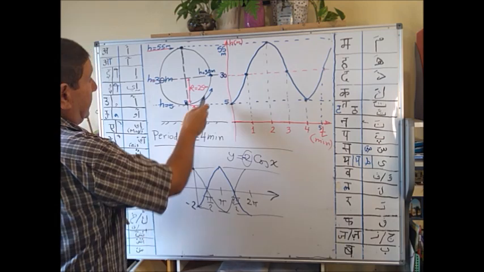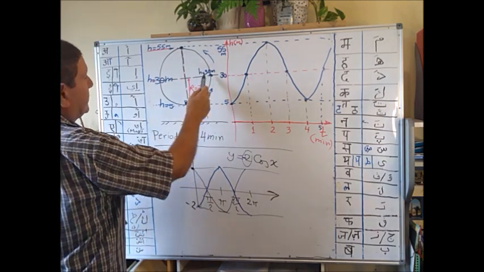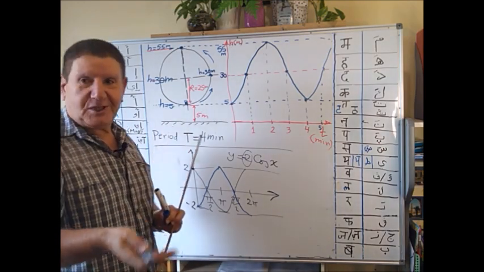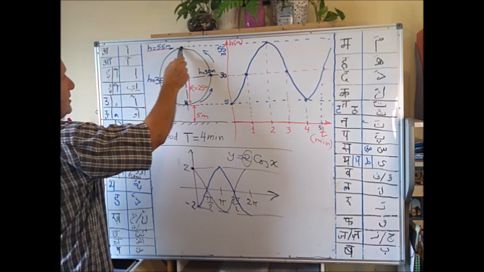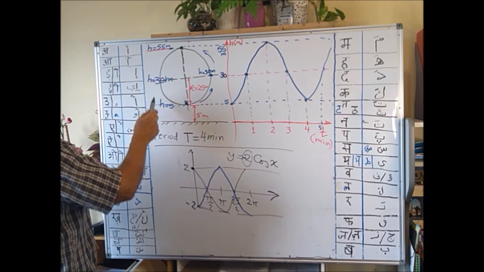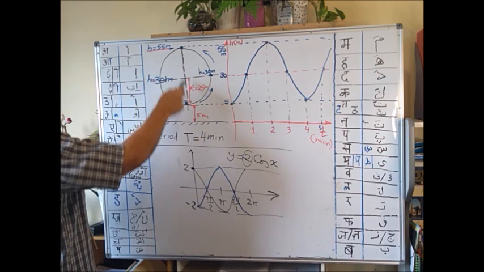Now it continues like that. After 2 minutes, assuming uniform circular motion, as the speed is uniform, you will be at the highest point, which is 55 meters. That is 30 plus 25, or 50 plus 5.